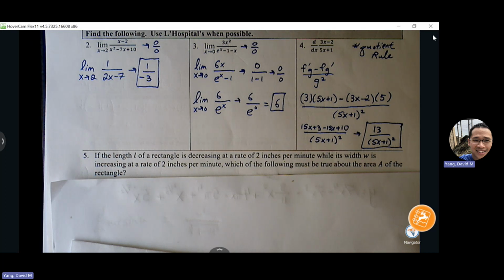Positive 2. So if we want to involve this, we have to find the derivative. So let's go ahead and find dA/dt, but to find dA/dt, I have to involve what? Product rule. Okay, so go ahead and build out your derivative, insert these in, and see if you can clean up your derivative into something that will help you decide which of the options is true.